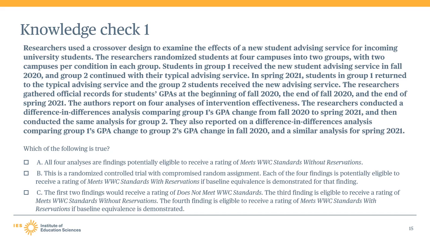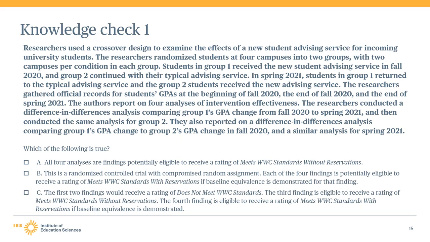The researchers gathered official records for students' GPAs at the beginning of fall 2020, the end of fall 2020, and the end of spring 2021. The authors report on 4 analyses of intervention effectiveness.